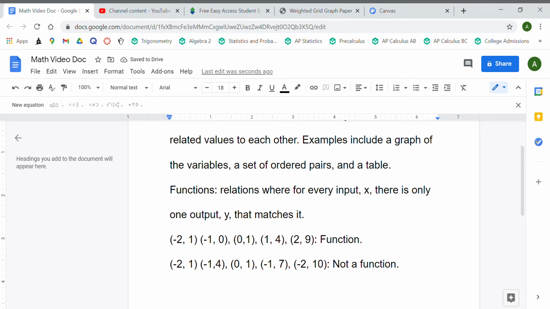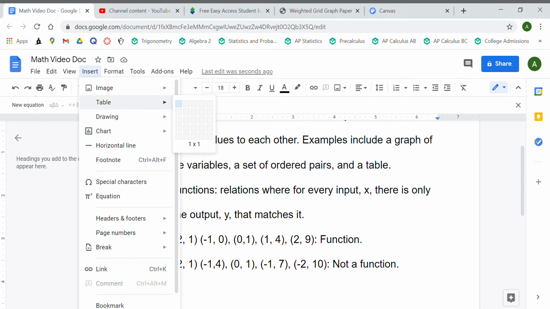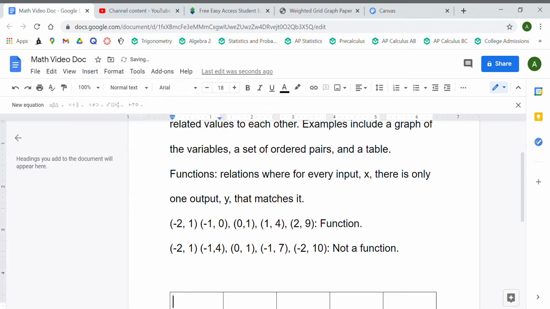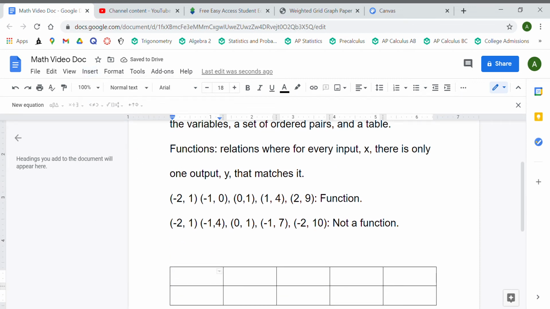Now let's see if you can try to identify with tables. How about I actually do it? Is this good enough for you? All right, then how about this? There are our x values.